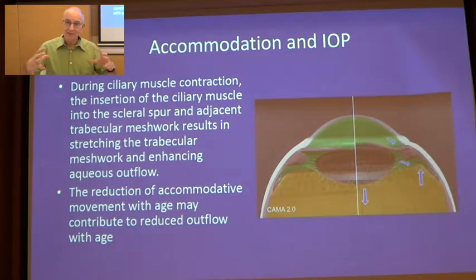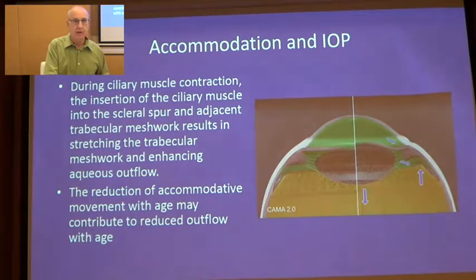So the lens is rounding up in part because of the reduced tension of the anterior zonule, in part because of the hydrostatic pressure of the aqueous being pushed peripherally and inferiorly, and also because of the angular movement of the anterior vitreous zonule.